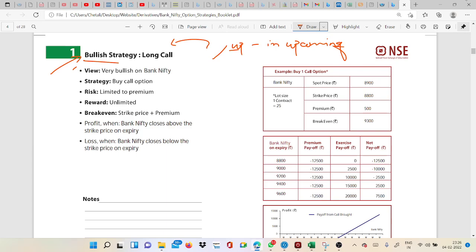You may make a long call strategy, and especially this would matter if you're looking for a derivatives process interview or maybe a hedge fund interview, because in a hedge fund you may see names like bullish strategy, long call, short call.